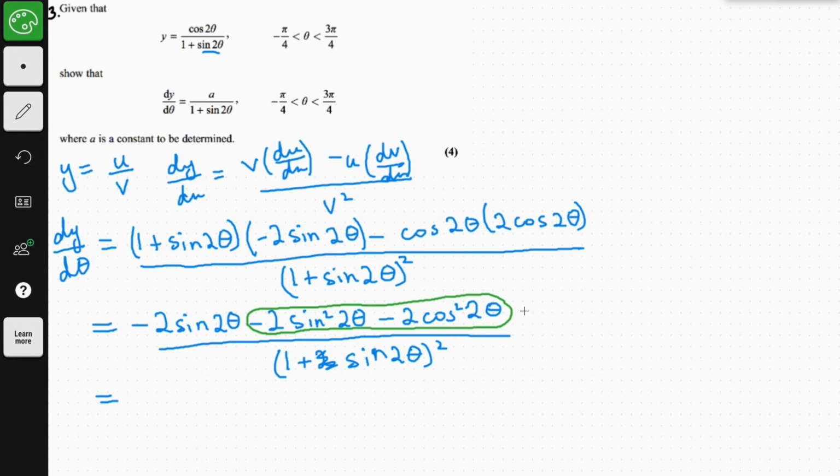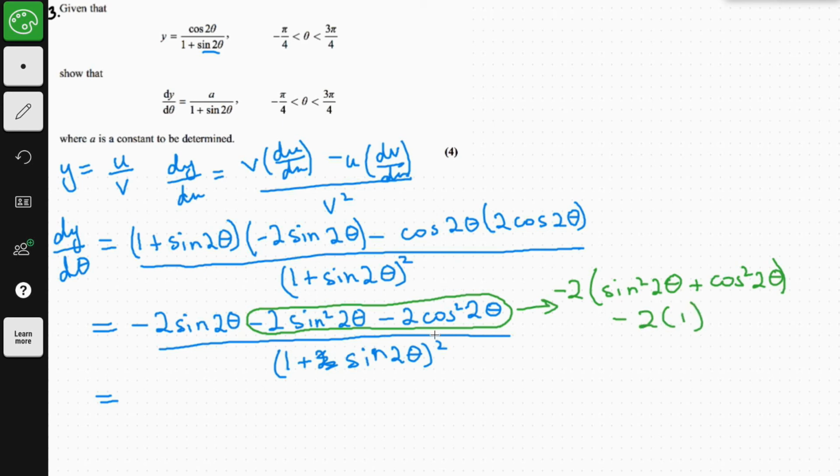So we can actually take negative 2 out as a common factor, and then write down sine squared 2 theta plus cos squared 2 theta. And from the identity sine squared theta plus cos squared theta equals 1, we know that this will equal 1, so we'll have negative 2 times 1.